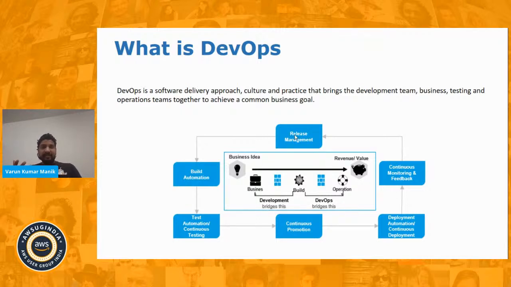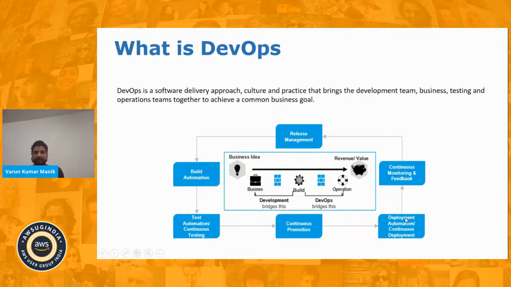Then that same artifact from staging can be promoted to pre-prod, which is called the UAT environment. And then, if everything goes right and you tested well in the non-production environment, you can promote the same artifact to the production environment. Then we have deployment automation and continuous deployment.